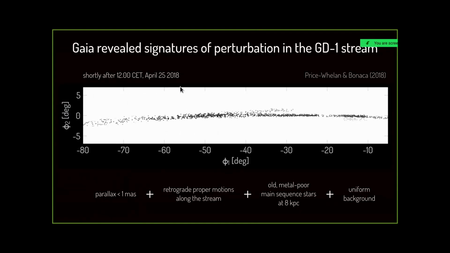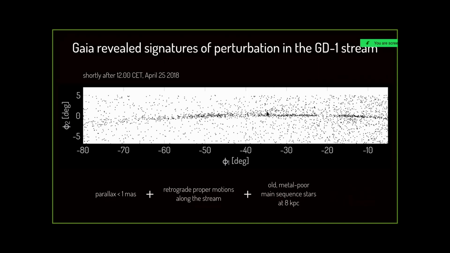And it could be that there are parts of the stream that we haven't observed. These are all very thin and cold parts of the stream, and we basically just targeted these parts. The issue is that we don't have radial velocities for all of the stars here, just the ones that we targeted.